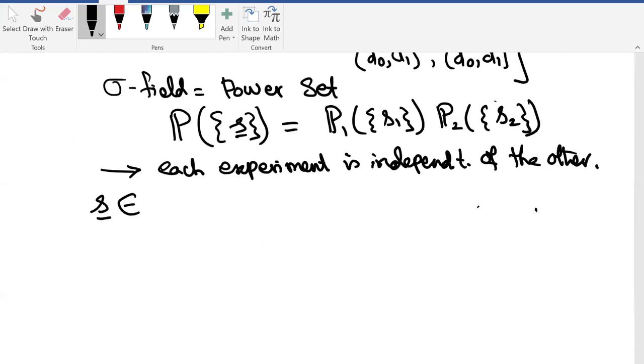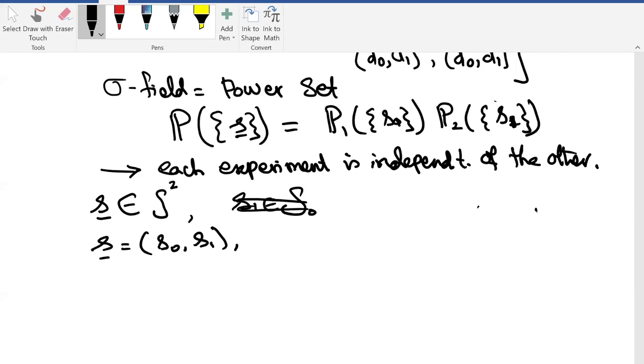What is your S? S is any outcome of your experiment which has two levels. We can call it S0, S1, where S0 belongs to the first step, that is the first period, and S1 belongs to the second period.